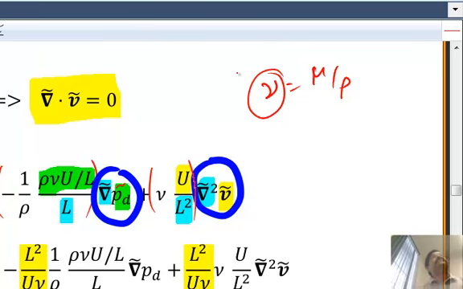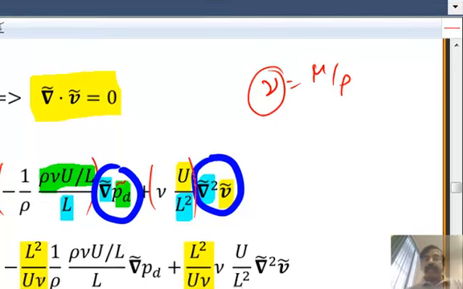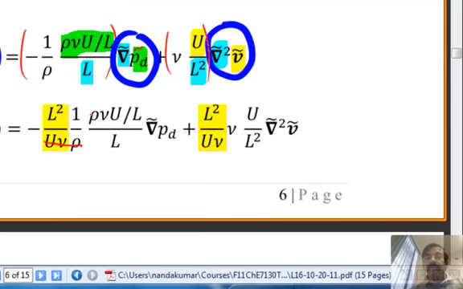Nu is the kinematic viscosity, which is defined as mu over rho. Now, what happened to here? Rho u nu, and then you will have L squared, 1 over L, 1 over L. So that also becomes of order 1. And in here, the same thing, u nu cancels, and L squared cancels. This is also of order 1.